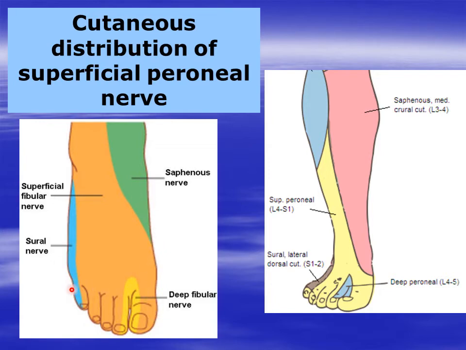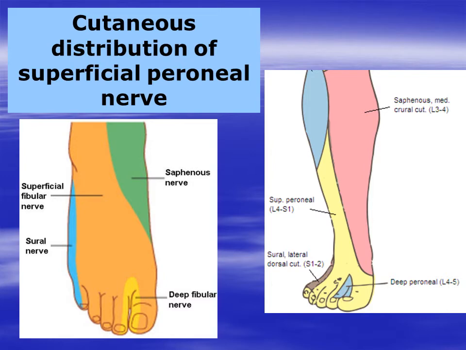And again, it supplies the dorsum of the toes, except the lateral border of the little toe by the sural nerve, and the adjacent sides of the big and second toe, which are supplied by the deep peroneal nerve or deep fibular nerve. Okay, again, this triangular area is the cutaneous distribution of the deep peroneal nerve.